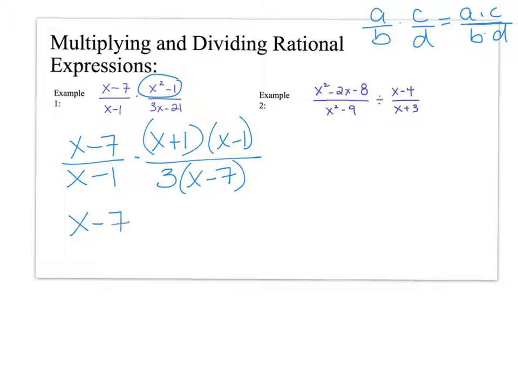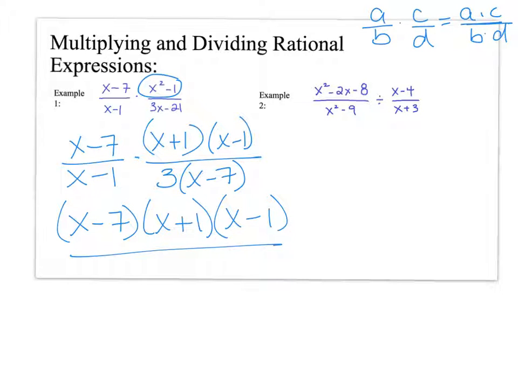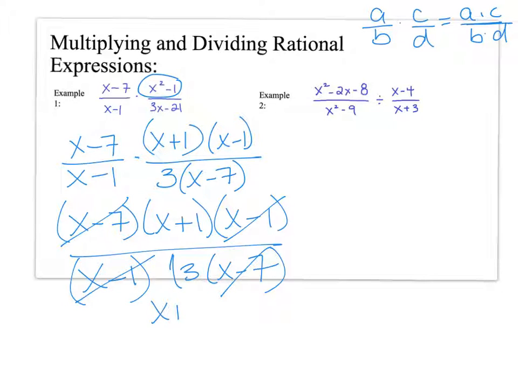So I get x minus 7, x plus 1, x minus 1, all over x minus 1 times 3x minus 7. The x minus 7 cancels out, the x minus 1 cancels out, and that's just going to leave me with x plus 1 all over 3 as my simplification.